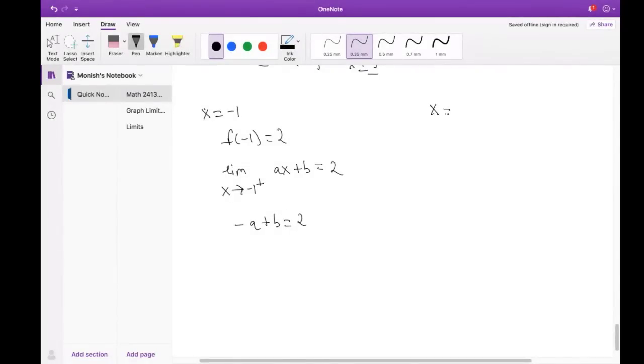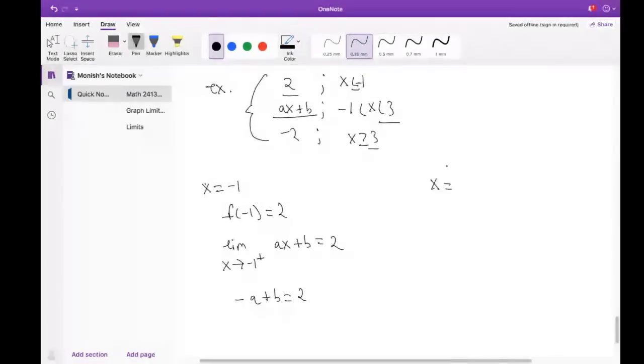Over here, if we use x is equal to 3, we know that with the greater than or equal to, f of 3 is equal to -2. And the limit as x approaches 3 from the right is going to equal -2 based off of this.